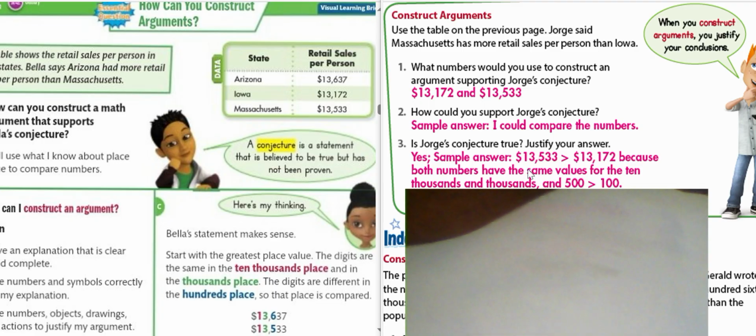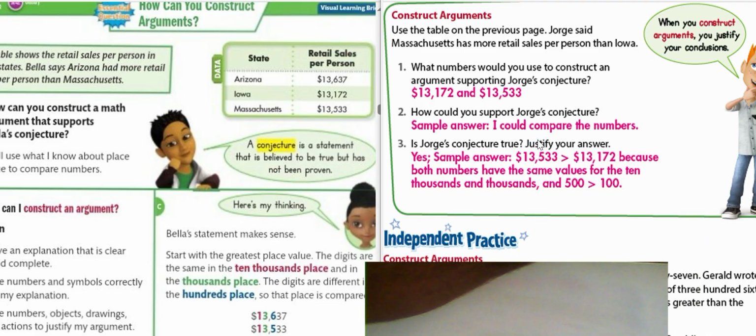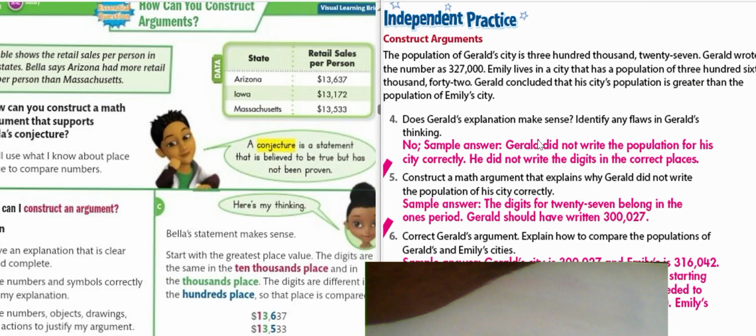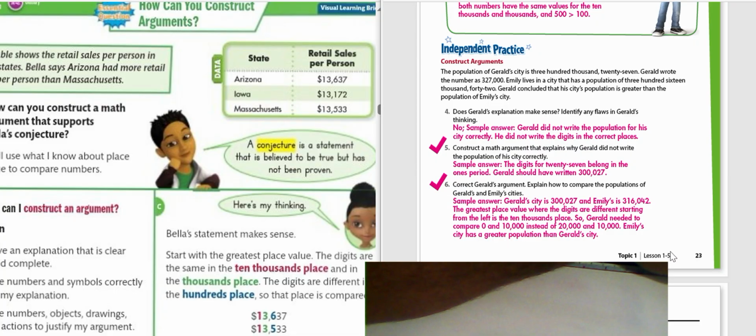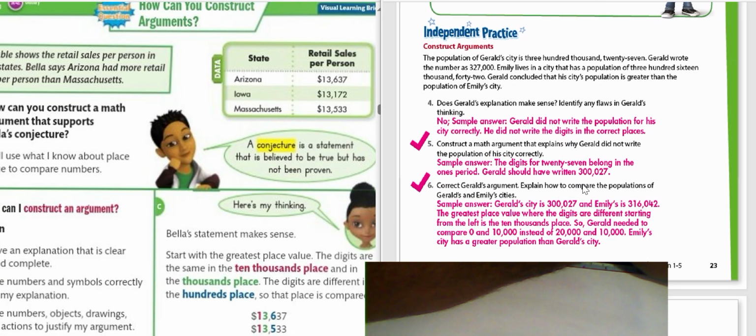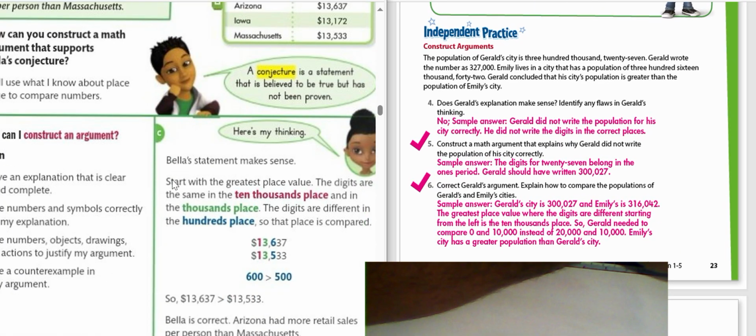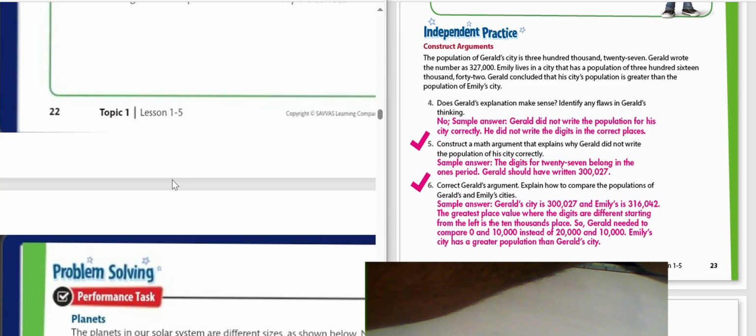Okay, about this table. Okay, next question, independent practice. Look at here, page 23. Okay, page 23, and this is the answer. I will read the question with you and help you to find the answer on page 23.